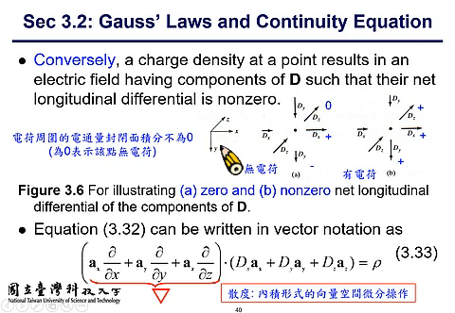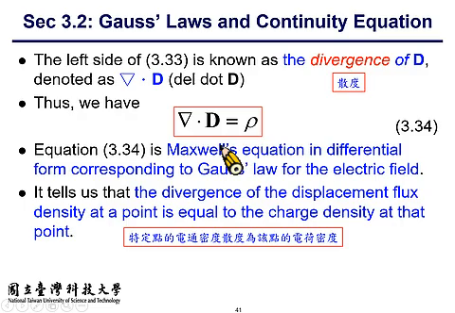糟糕，有点忘记了啊，偷看一下啊，免得出错。OK，好啦，所以 divergence of D is equal to the electrical charge density rho, and this is the so-called Gauss's law for the electrical field in the differential form.